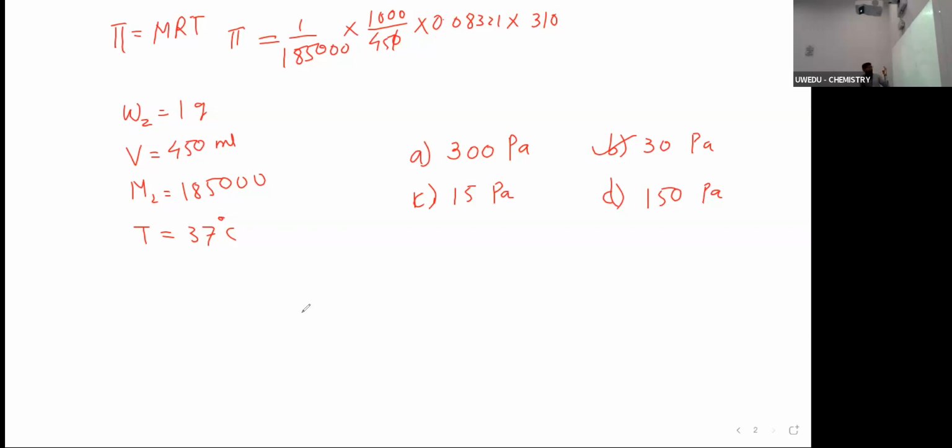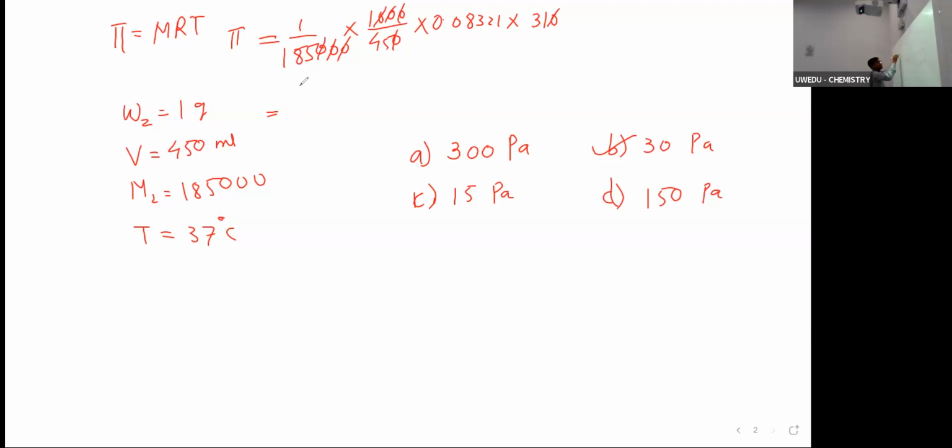W1 by M2, W2 by M2. What did you do? Reverse. Okay, this zero, then these two zeros cancelled, and this zero cancelled.